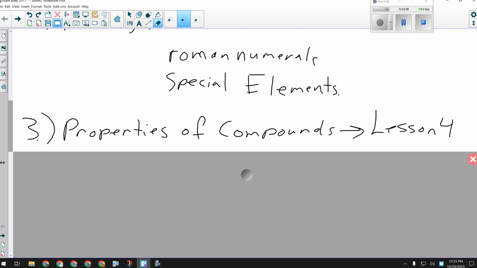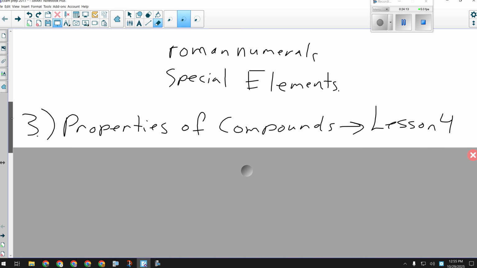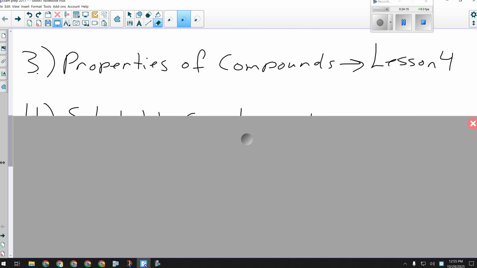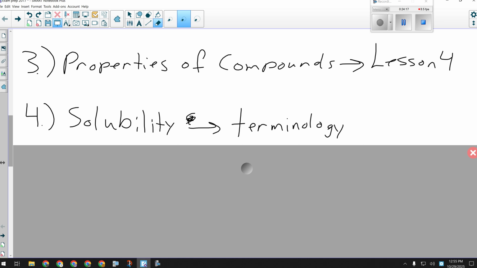D, cobalt always produces red, pink salts, and that would obviously conduct electricity because it's an ionic compound. So that's something I might ask you to do. That's just using the information that's in lesson 4.